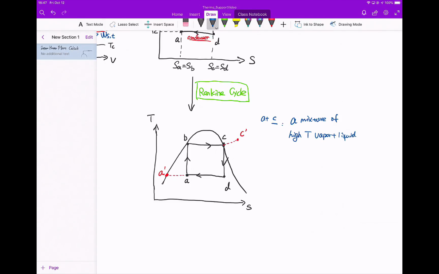Okay, we are not very happy with this because this content of liquid would be very reactive and I can easily destroy my turbine.